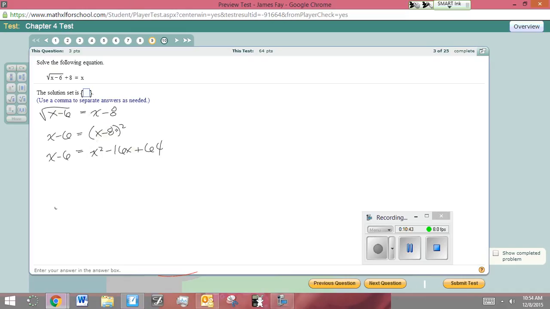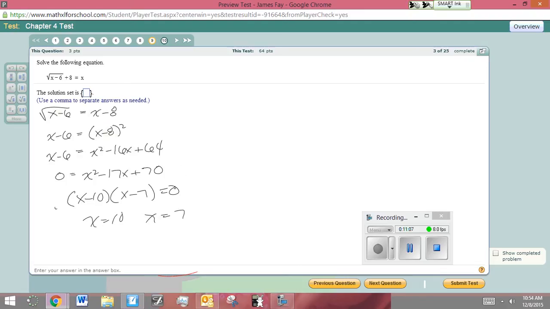Square that, multiply them together and double, and then square the last term. Now I'll move the x over, so it gives me 0 equals x squared minus 17x plus 70, so that's going to be (x minus 10)(x minus 7) equals 0, so x is 10, x is 7.